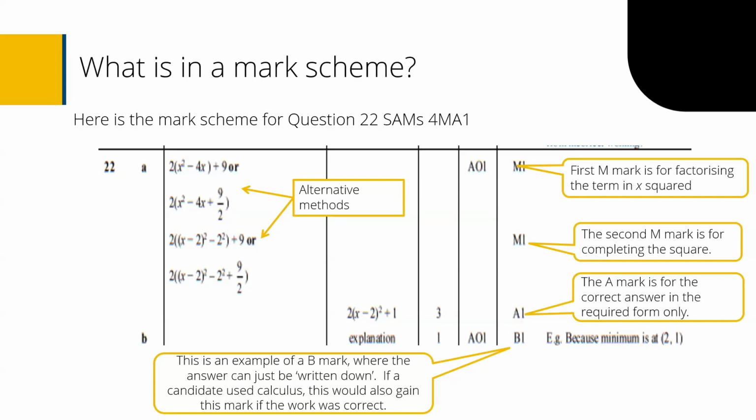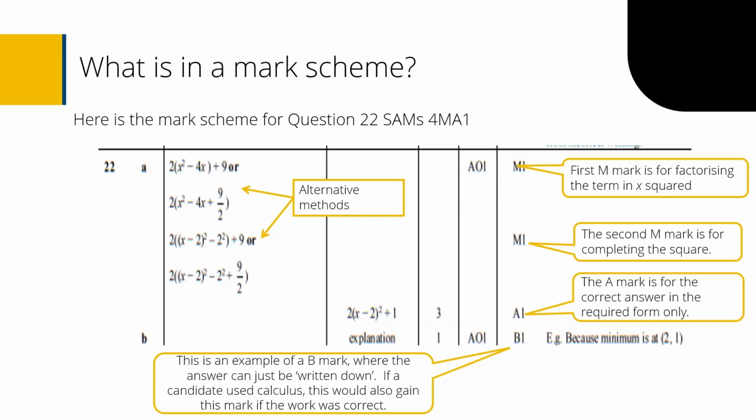There's a B1 at the bottom, where the answer can be just written down. That's for part B of that. And also, if a candidate used calculus, this will also gain a mark, and you can see that section on the right with the extra guidance that they get as well.